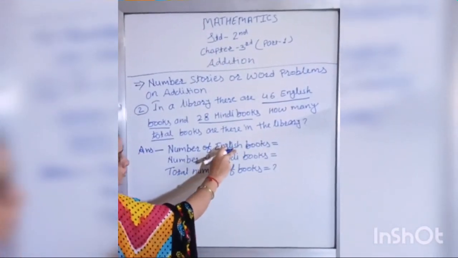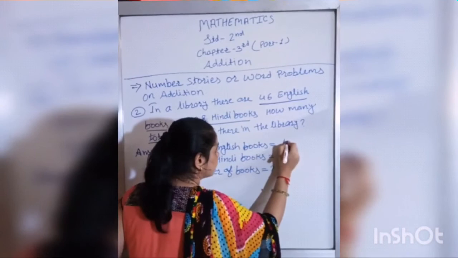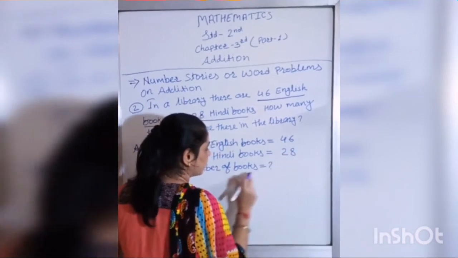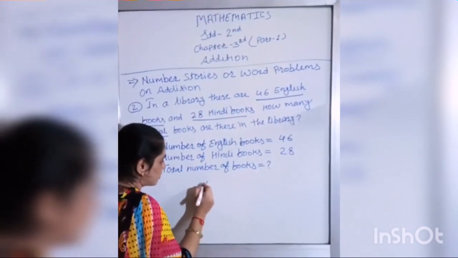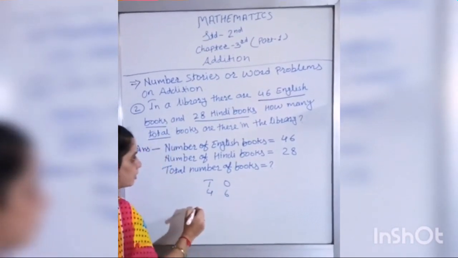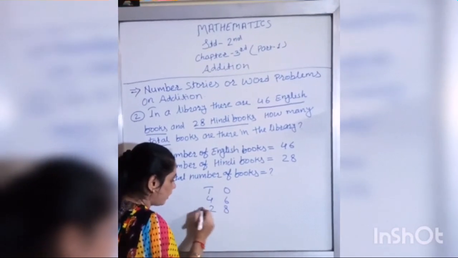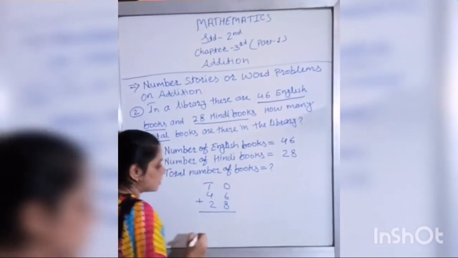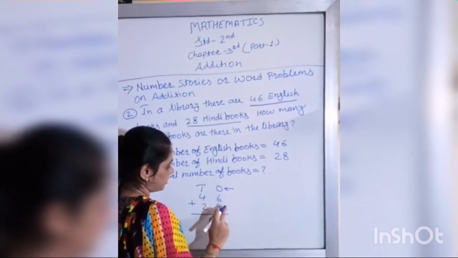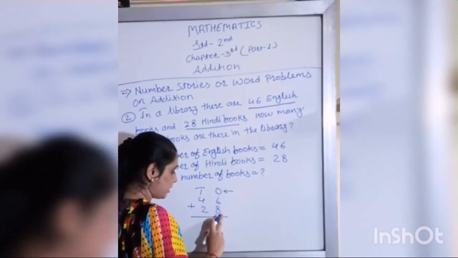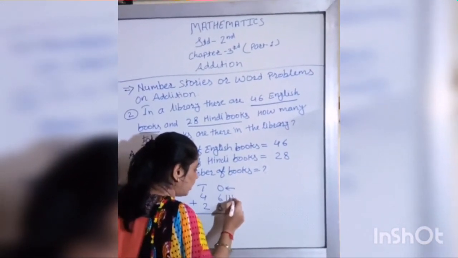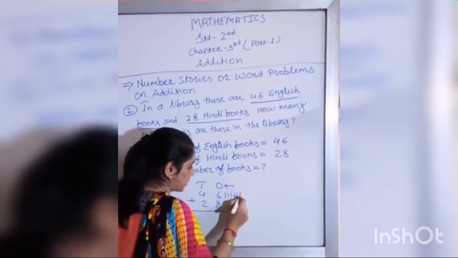What is the total number of books of English? 46, and of Hindi books, 28. Count the total number of books. Number of English books 46 and number of Hindi books 28. Start addition from the ones place. What are the numbers here? 6 and 8. 8 is the big number. So draw 6 lines. 1, 2, 3, 4, 5, 6.